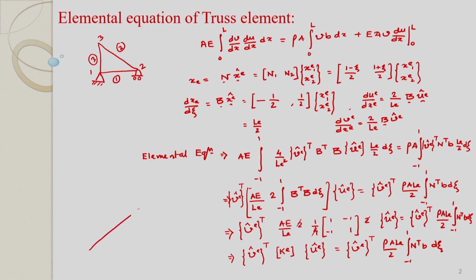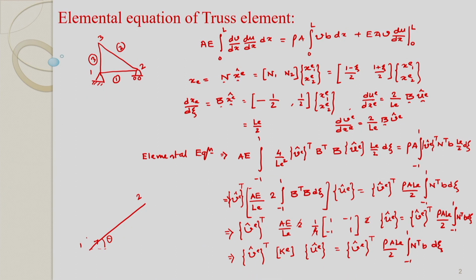The element can be inclined with any angle theta. Now, we assume that along the element we have a prime coordinate, that is u1 prime, u2 prime, and we have the global x and y coordinates.